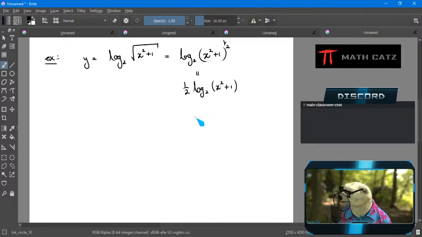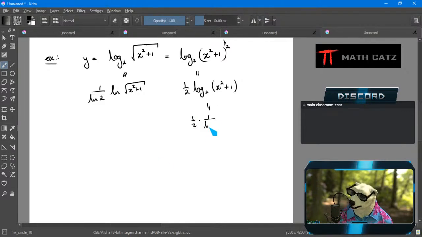You didn't have to do this. You could have done it with the original one. Regardless, you need to change the base. So you either change the base here to 1 over natural log 2 times natural log root x squared plus 1, or you change it here. The 1/2 is in front. Whoopsie.